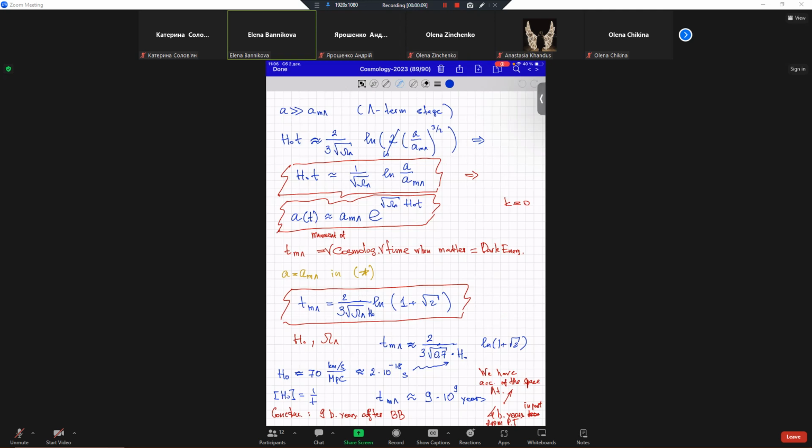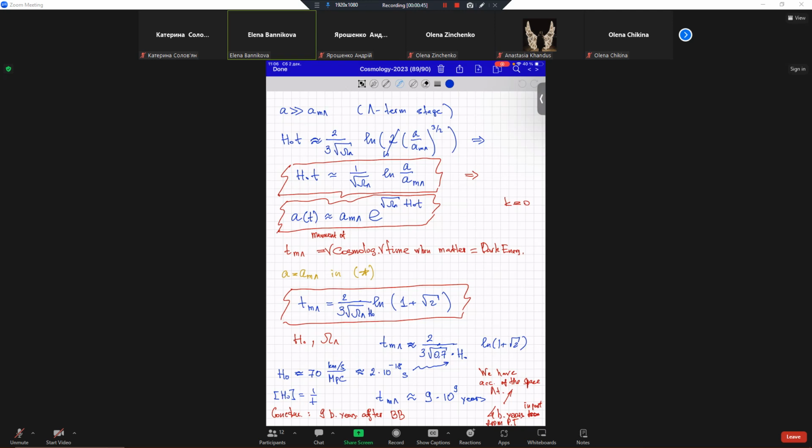So, we are working with the multi-component model of the universe, and we discovered that dark energy, which we treat as a lambda term, started to dominate 4 billion years ago, so 9 billion years after the birth moment of the universe from the Big Bang.